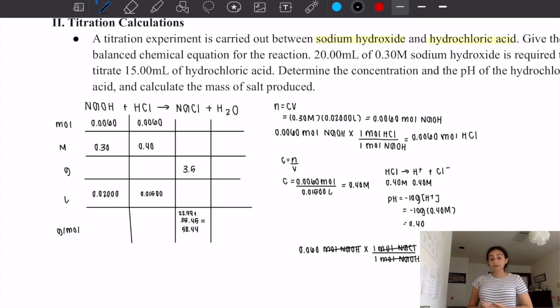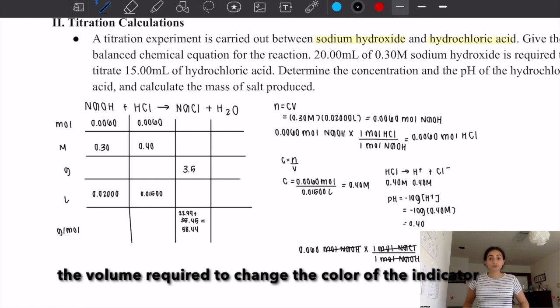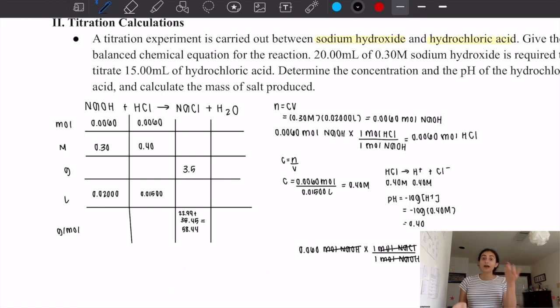So if you are trying to figure out the concentration of an acid, you're going to be pouring in a base like we did here, and vice versa. So then when you figure out the volume of that solution that you poured in, you can use stoichiometry in order to figure out the concentration of your unknown solution. And we just showed that here with the math that we did.